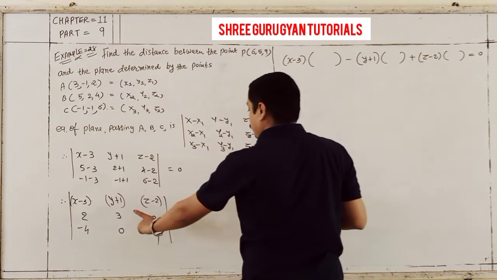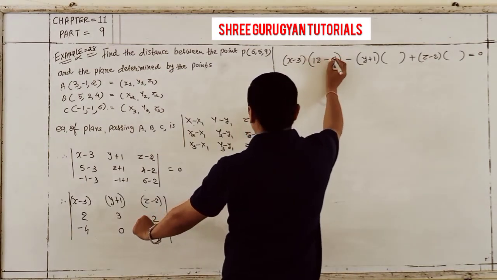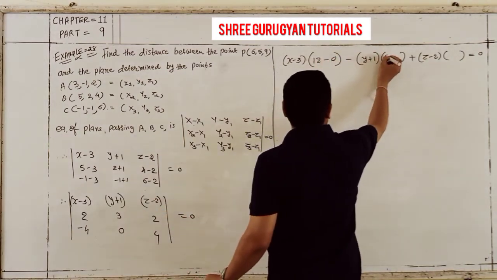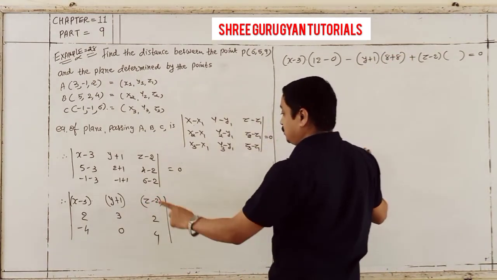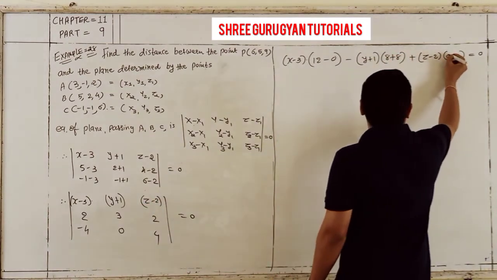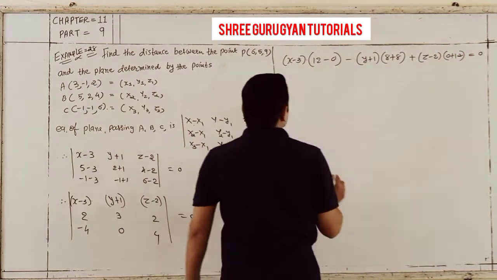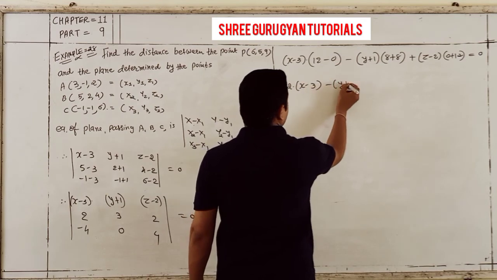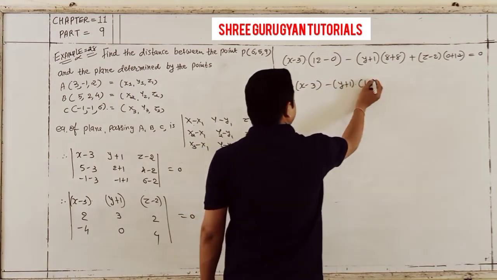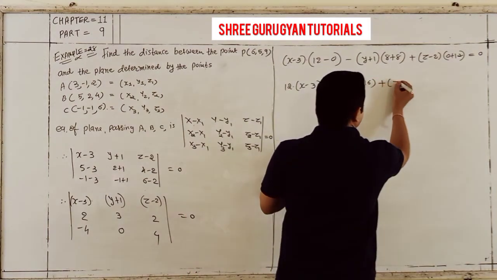First calculate 4 times 3 is 12 minus 0. Now 4 times 2 is 8 and 4 times 2 is 8, and lastly 0 plus 4 times 3 is 12. So my answer is 12 times (x minus 3), 16 times (y plus 1), and, students, 12 times (z minus 2).